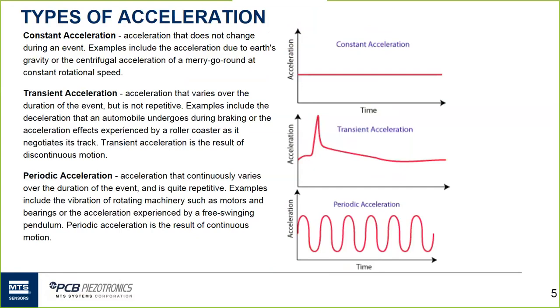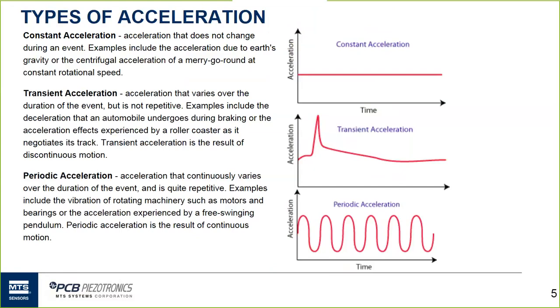For the most part, PCB does offer sensing options for all of these selections, and we can talk about that. We're going to focus on one particular subset of accelerometers, but we can provide product to measure constant acceleration. Next one is transient acceleration, or a singular event like a shock event or a collision event.